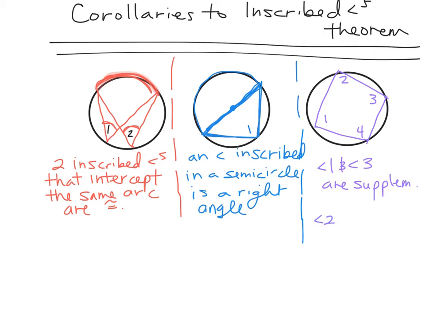And angle 2 and angle 4 are supplementary. Okay, so it's always the 2 that are across from each other will add up to 180. And where I see the most mistakes made on that is people set them equal to each other. They're not equal. They have a relationship, but they are not equal. They are supplementary, okay? They have to add up to 180. Questions on that?